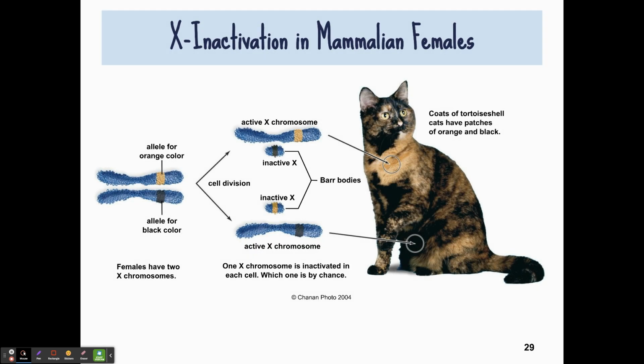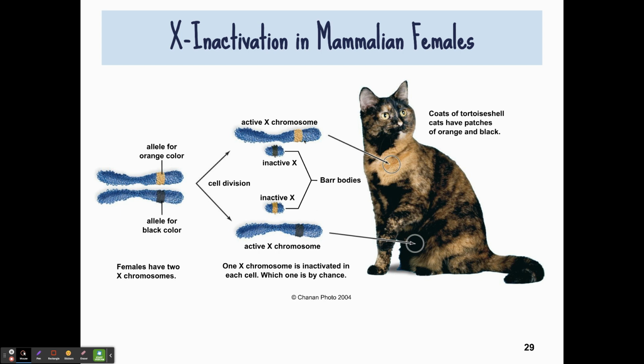If we look here, X inactivation in mammalian females, we can see this female cat is a calico cat. Calico cats are only found in females because they can exhibit this codominant allele of orange and black. Male cats, because they only have one X chromosome, are either orange or black.